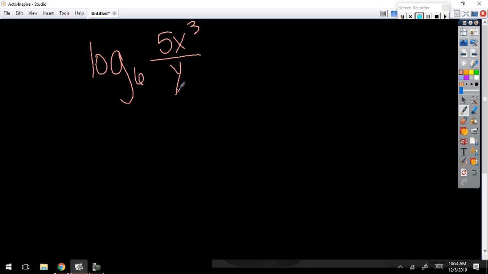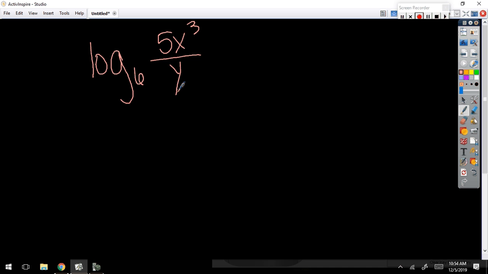It's a good idea if you have a fraction to always split the fraction up first. Always look at what your exponents are being applied to. This is an easy one to start. But look for what you can split up. You got to make sure that if you condense it back down, it comes back to the same thing. So you got to follow properties each time.